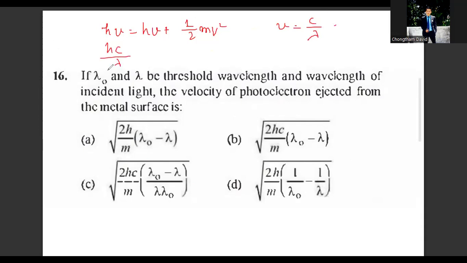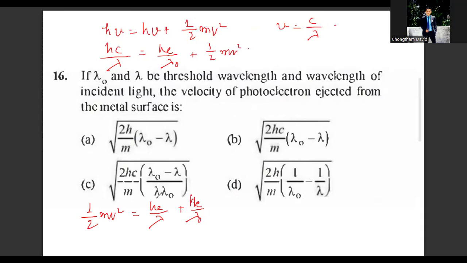Now if I rewrite this equation in terms of wavelength, it becomes hc by lambda equals hc by lambda naught plus half mv square. Now how would you find this half mv square? It can be rewritten as half mv square equals hc by lambda minus hc by lambda naught.